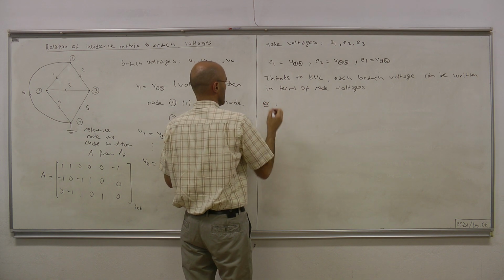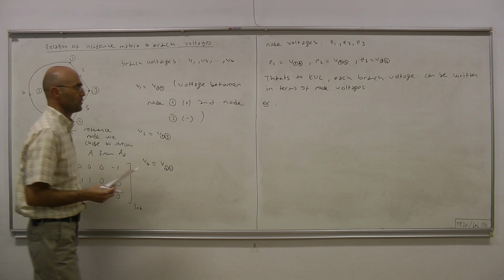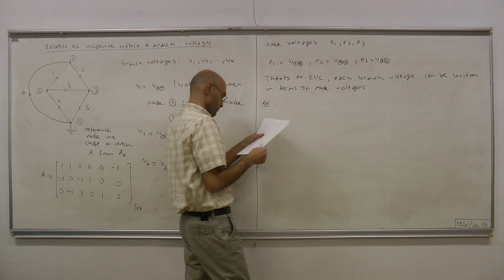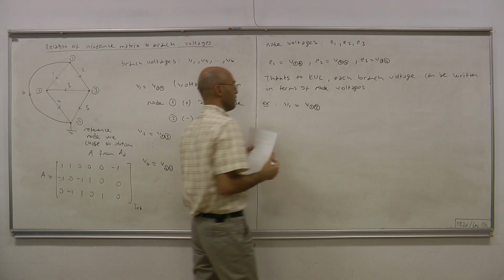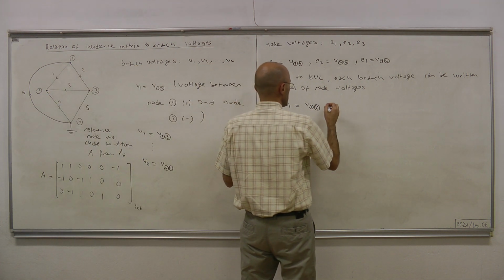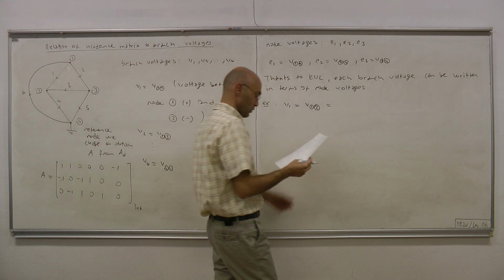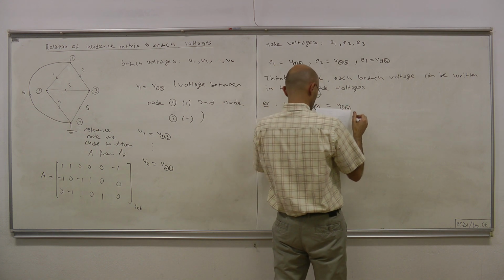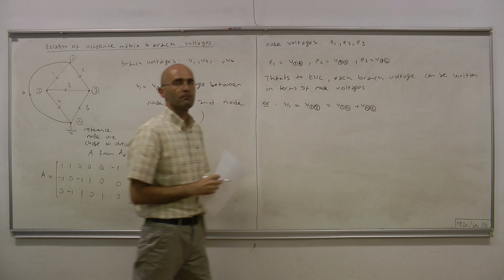Example, let's express branch voltage 1 in terms of node voltages, that is, in terms of these 3 numbers. V1 is by definition the voltage between the first and second node. Thanks to path independence when talking about voltage, this we can write as V14 plus V42.